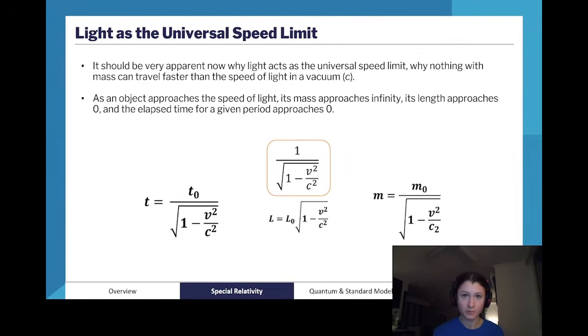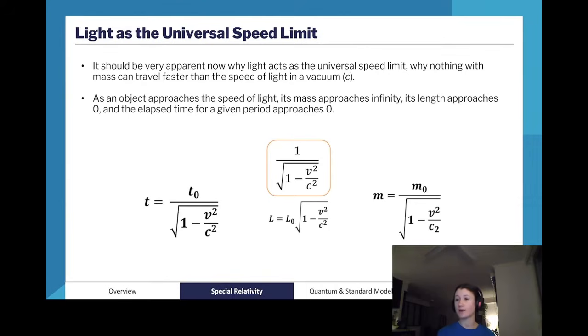As the object approaches the speed of light, its mass approaches infinity, its length approaches zero, and the elapsed time for a given period approaches zero. We have all of these formulas to describe these phenomena, and as a result, nothing with mass can travel at or over the speed of light.